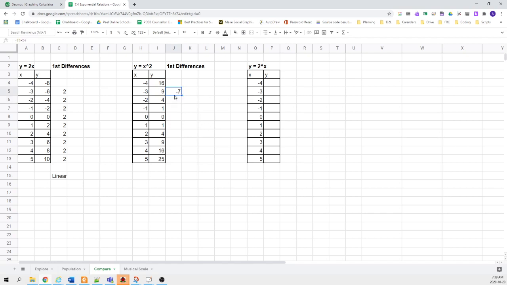So that went down by 7, so it's -7. First differences are not equal. So let's take a look at the second differences.